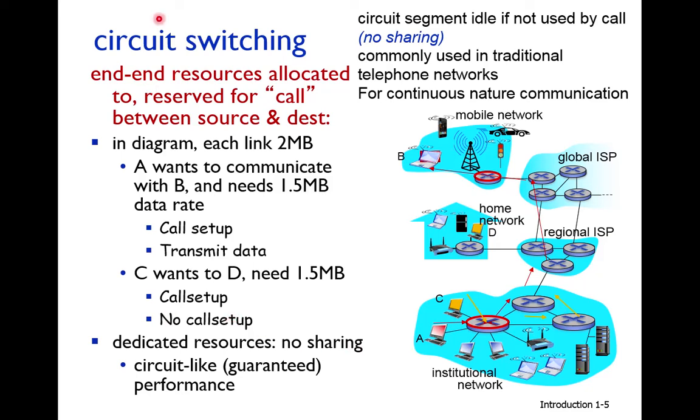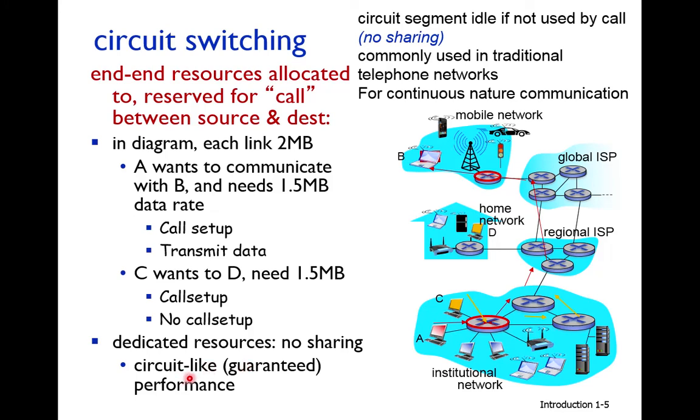In circuit switching technology, the resources are dedicated and there is no sharing of resources. This link is reserved for A to B communication, and if C to D wants to use this, they cannot because it is already reserved for A to B communication.